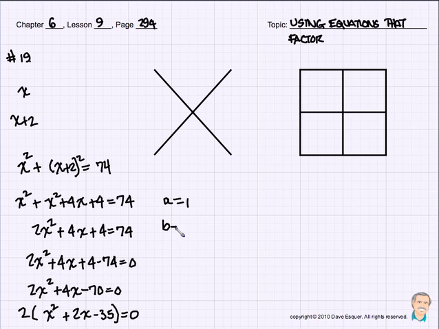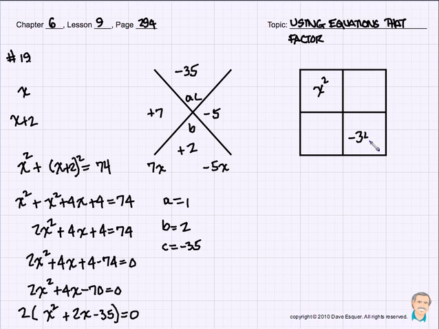So let's go back up here and say then a is equal to 1, b is equal to 2, and c is equal to negative 35. So back up to our cross, we have AC, we have B, and we have a negative 35, and we have a 2. So thinking about two numbers whose product is negative 35, yet their sum is a positive 2, we end up with a plus 7 and a minus 5. So we have to place a 7x and a minus 5x.